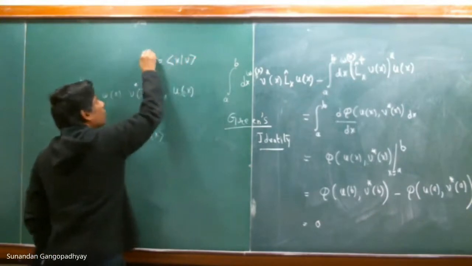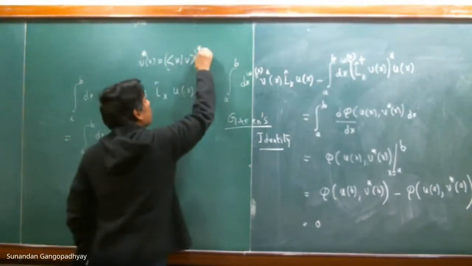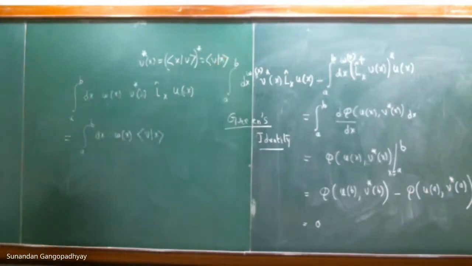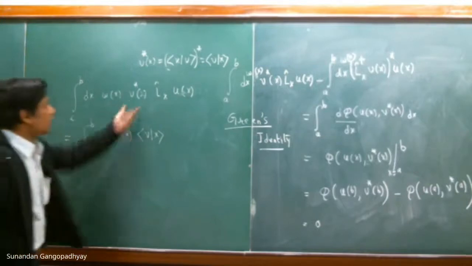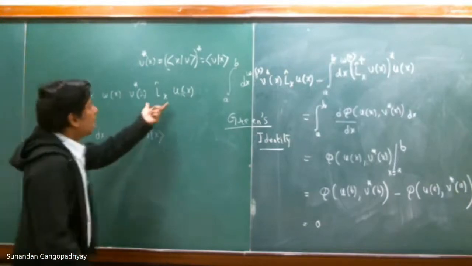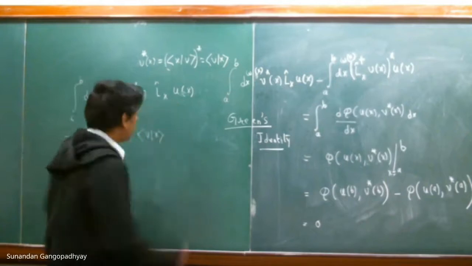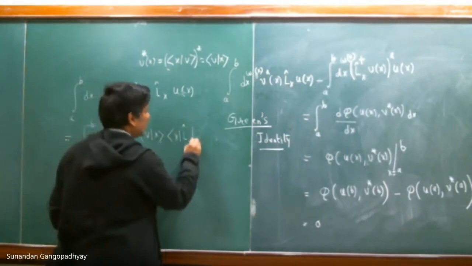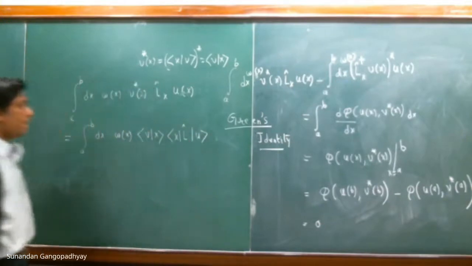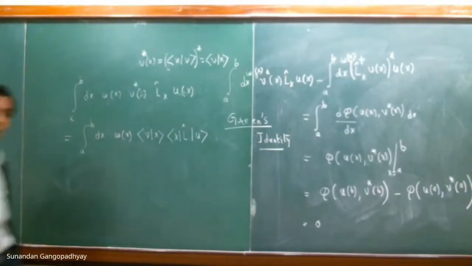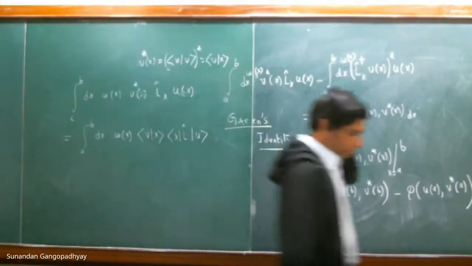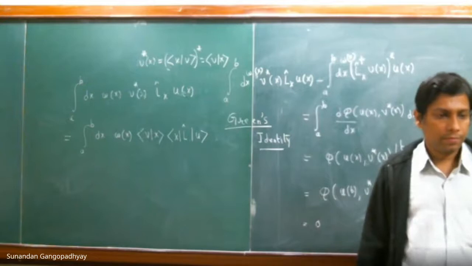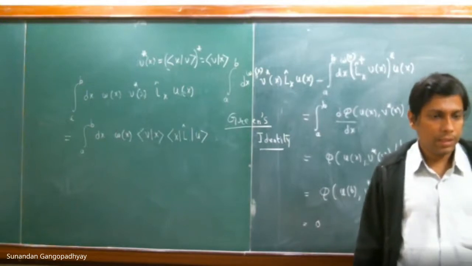If you take a complex conjugate, this will become bra v ket x. So v star x, you can write it in this way. And what is L hat x u of x? If you remember, it is bra x L hat ket u. Is this okay? Is this clear?